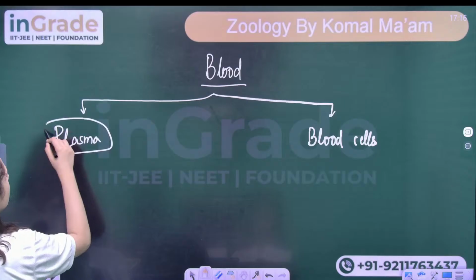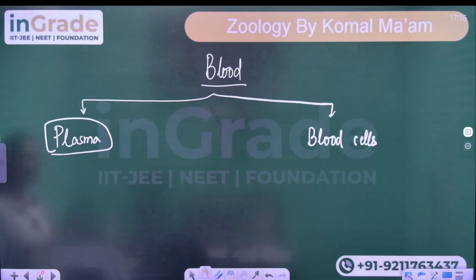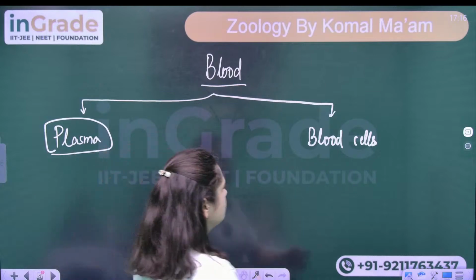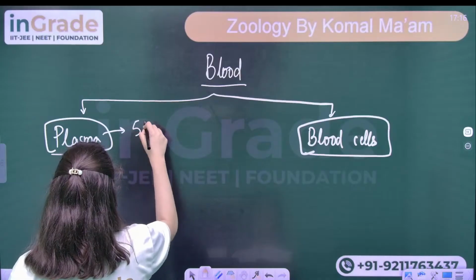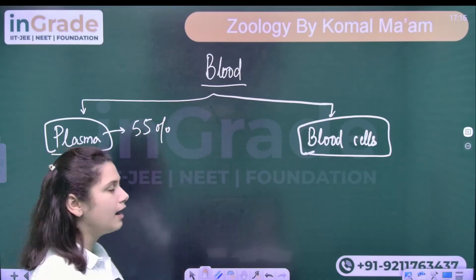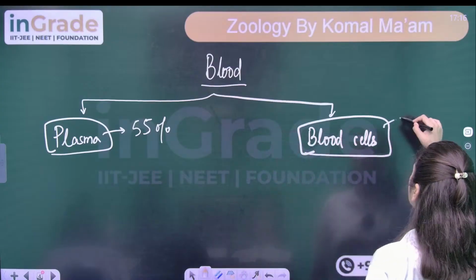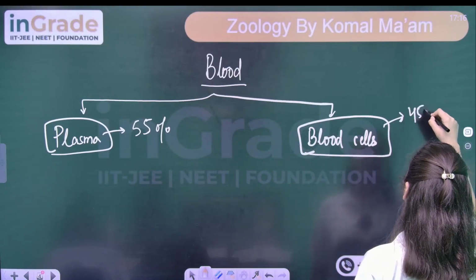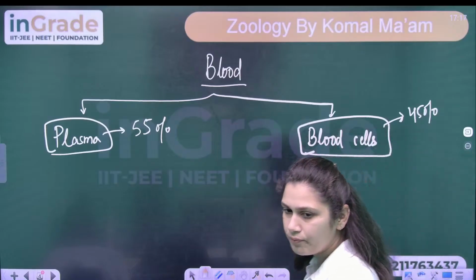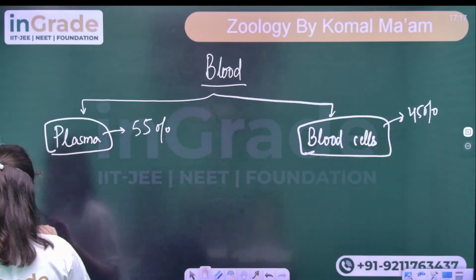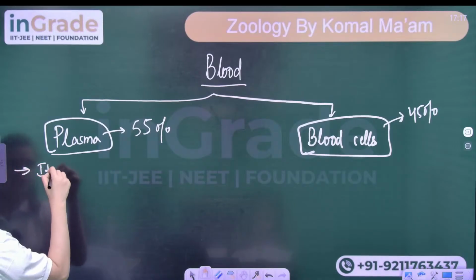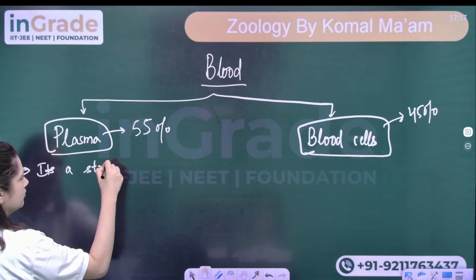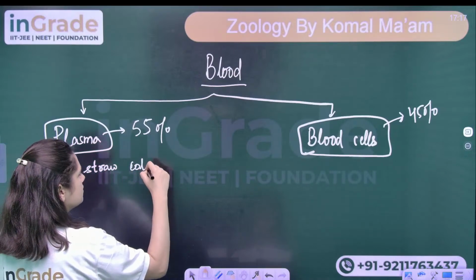So let's talk about plasma first. If we talk about plasma and blood cells, then plasma constitutes about 55% of the blood, and blood cells are around 45%. Then what is plasma? Basically it's a straw colored viscous fluid.